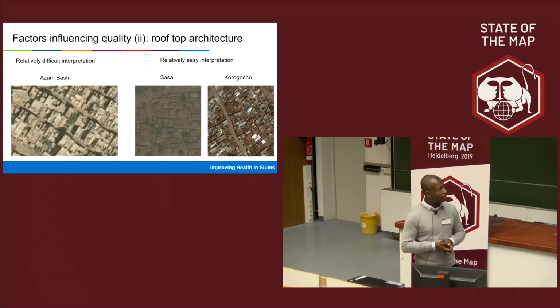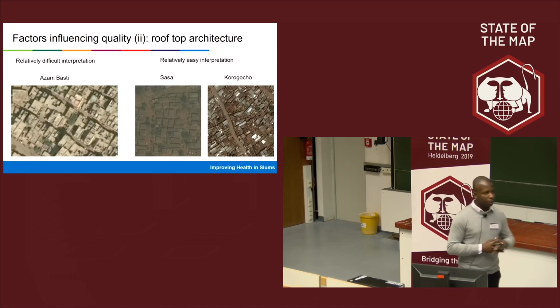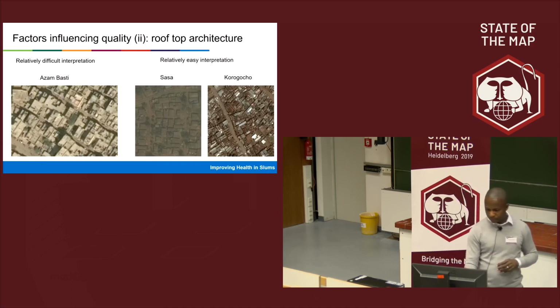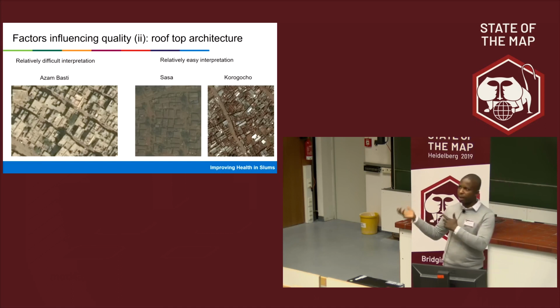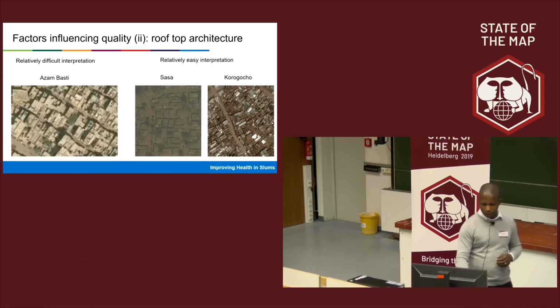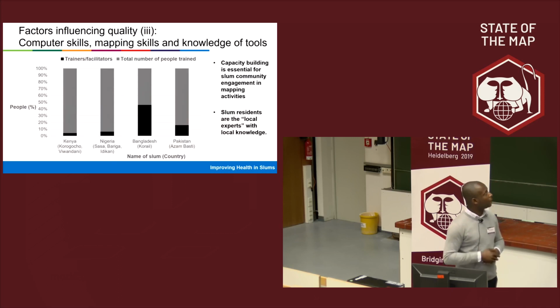Also, the rooftop architecture appears to have influence on quality because of what I've just talked about. It's linked to difficulty of interpretation, which in turn has influence on quality. That's basically what we want to say here.